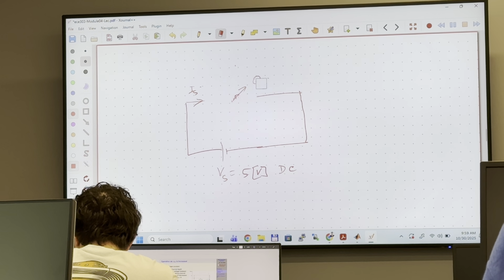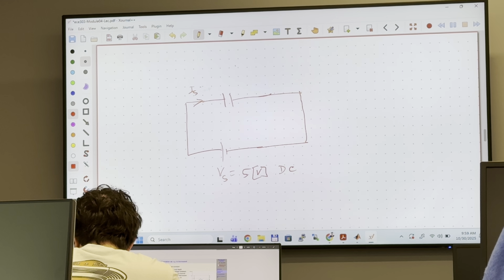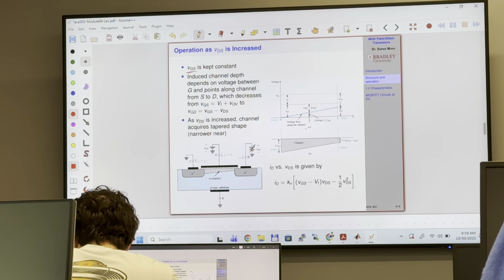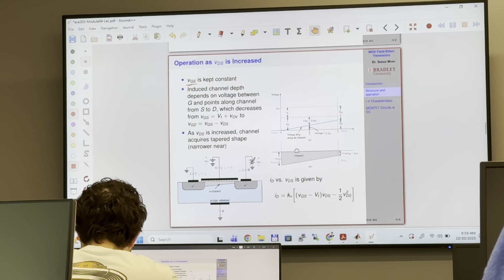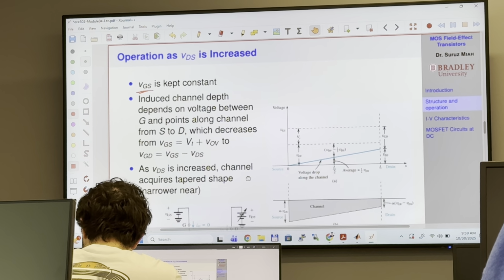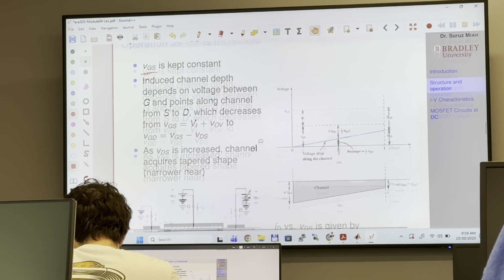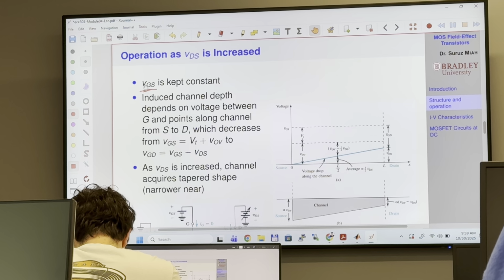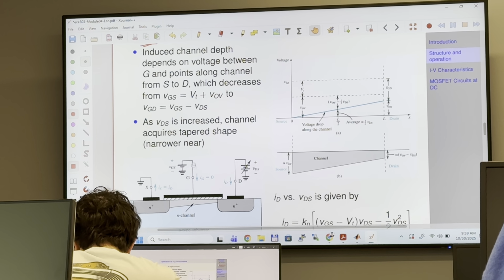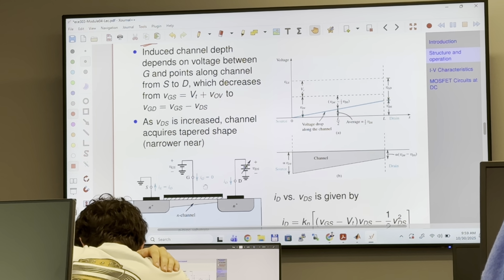So for a capacitor, it is going to be 0. The same concept is happening right here. If VGS is constant, no current will flow, gate current is going to be 0.